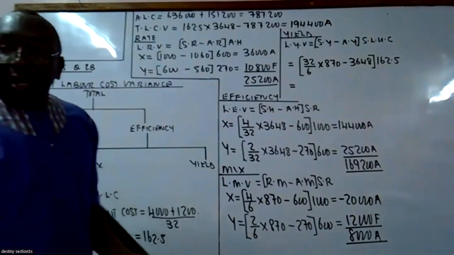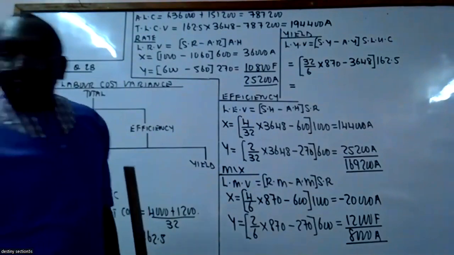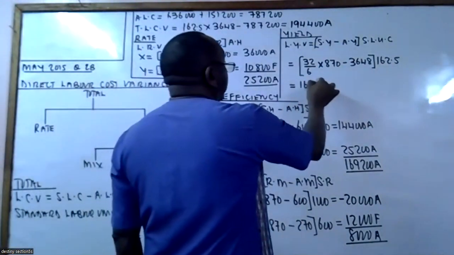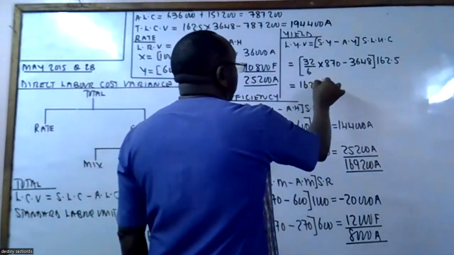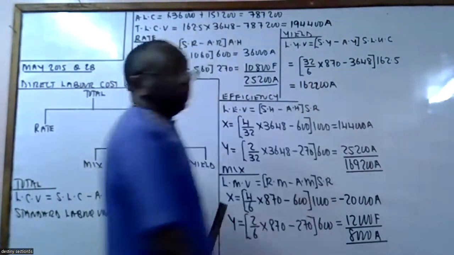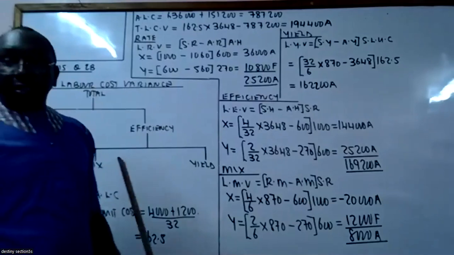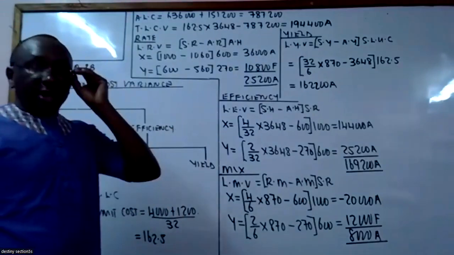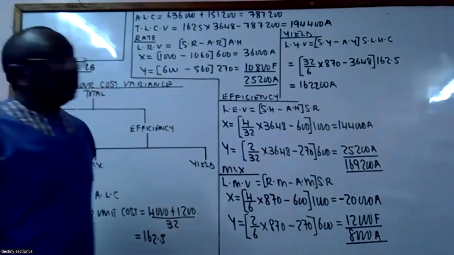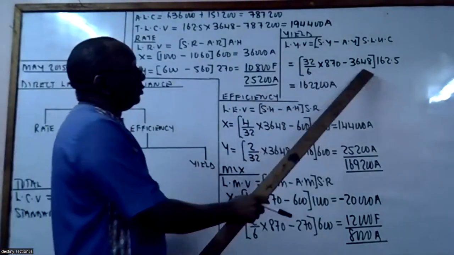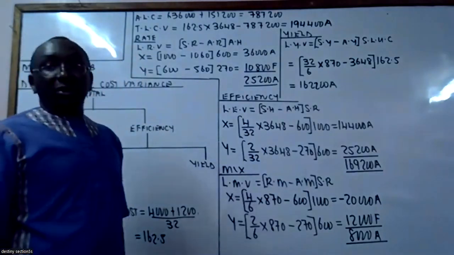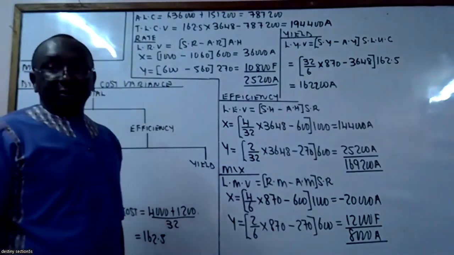Yeah, 161,200. Now this 161,200 is adverse, not favorable. And it is adverse because we got fewer units. These ones are more than what we got. So when you get less, the actual, that is adverse.